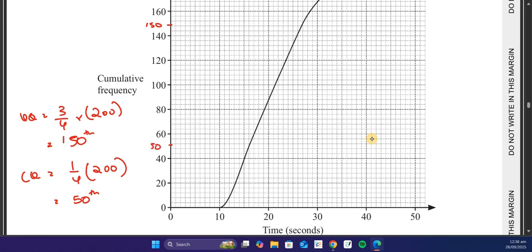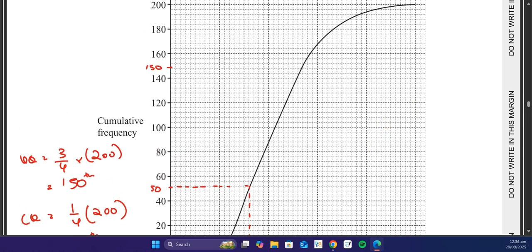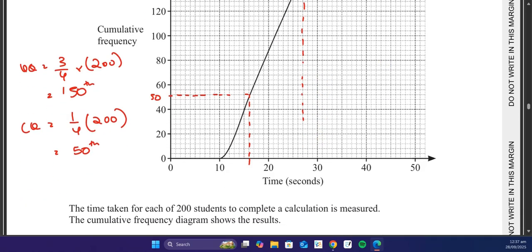That's our lower quartile, and that is our upper quartile.